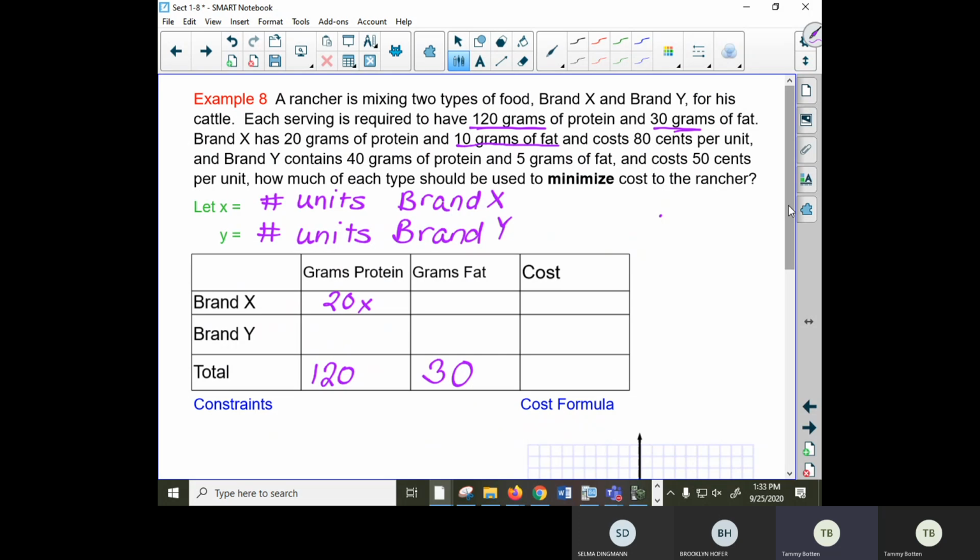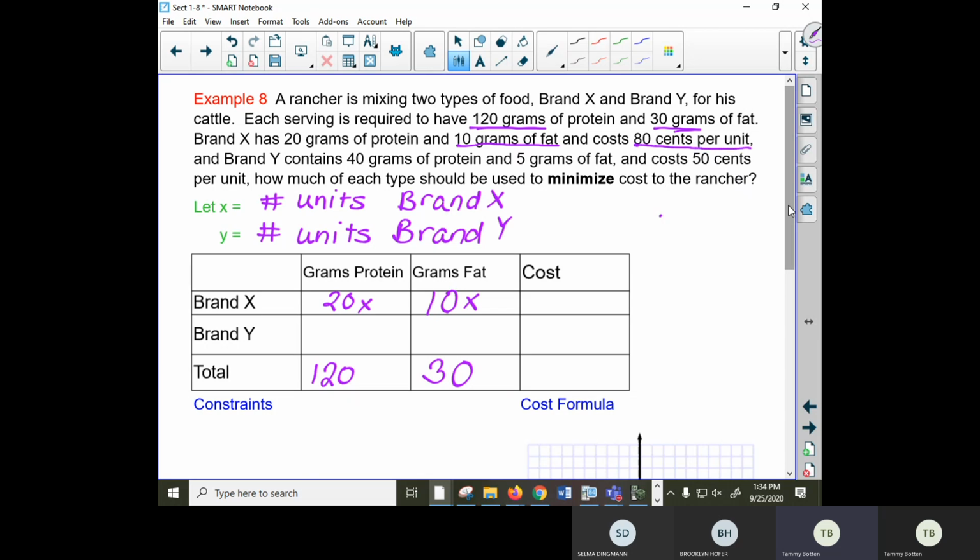So I'm going to go over to this fat one, and we're still in X, so it's 10 times X for fat. Okay, so it's 20 grams of protein in every unit of brand X, and it's 10 grams in every unit of X for fat.